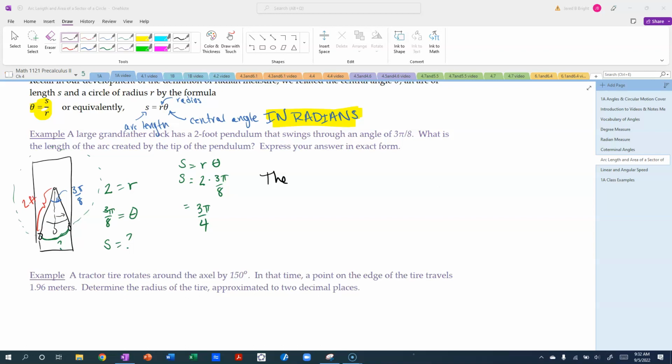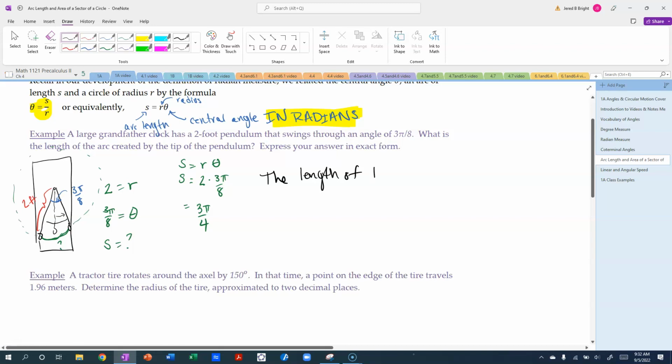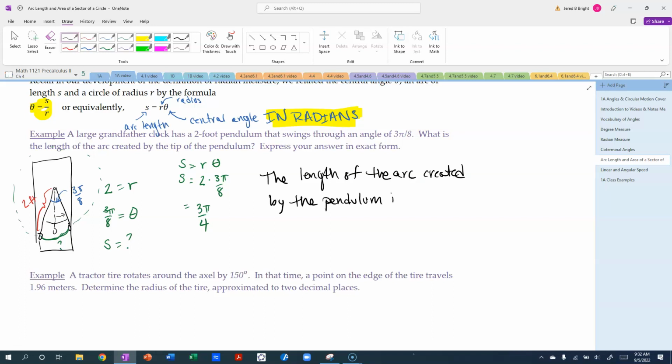Numbers without units are generally meaningless. So the length of the arc created by the pendulum is 3 pi over 4.